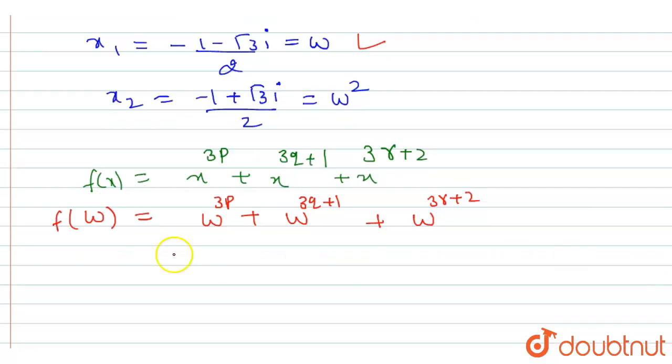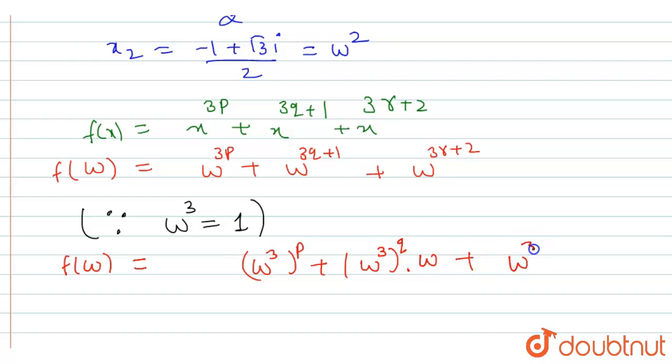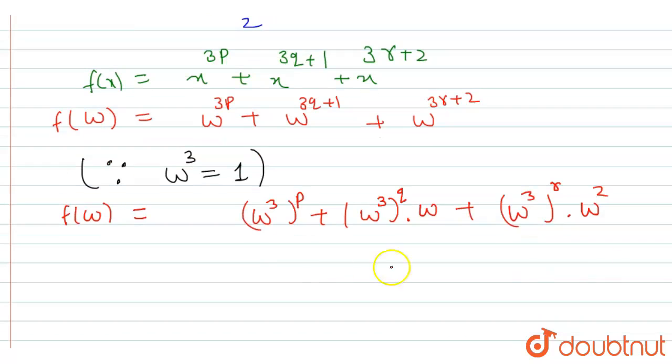Since omega cube is equal to 1, f of omega can be written as omega cube to the power p plus omega cube to the power q into omega, plus omega cube to the power r into omega square. So the first value is 1, the second is omega and the third is omega square.